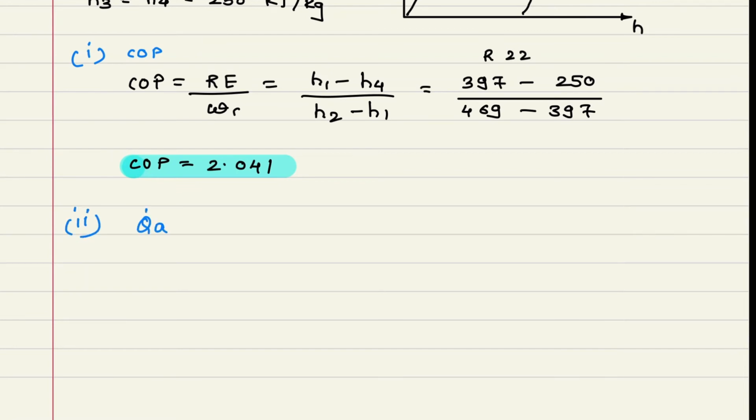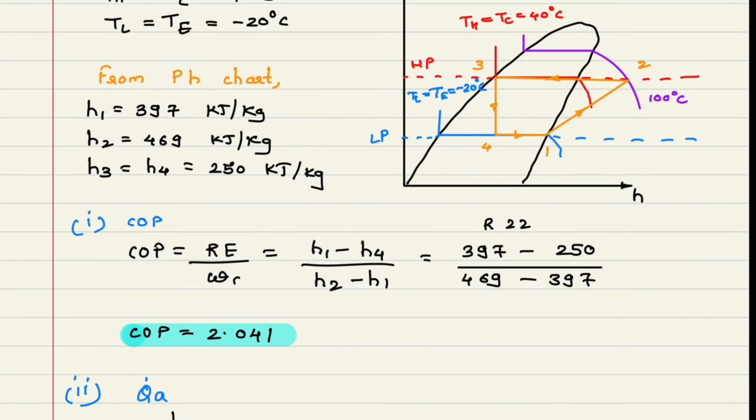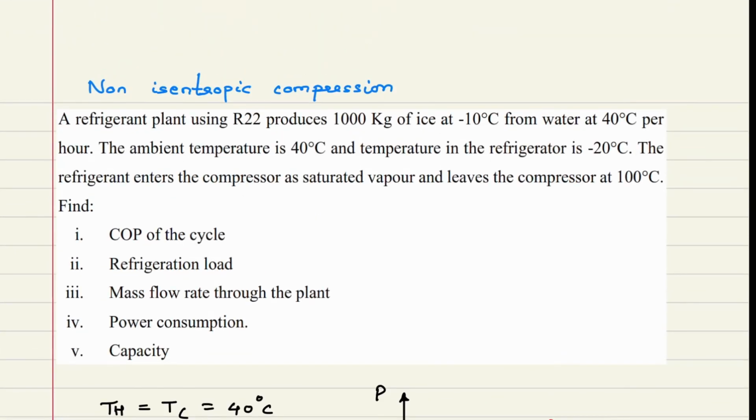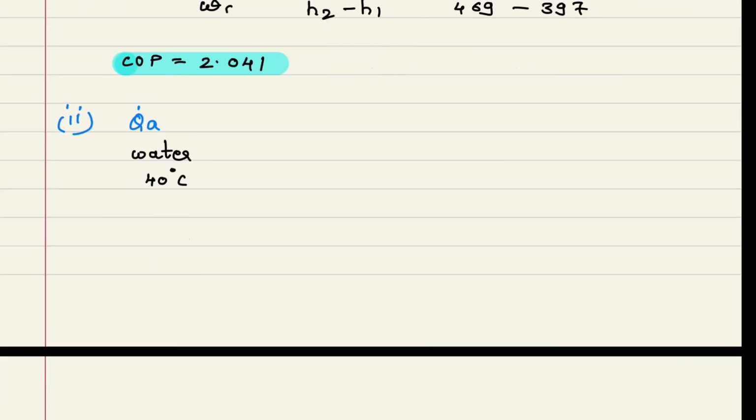It is given that water is at 40 degrees Celsius. What about the mass? Mass is given as 1000 kg. So 40 degrees Celsius water to minus 10 degrees Celsius ice.